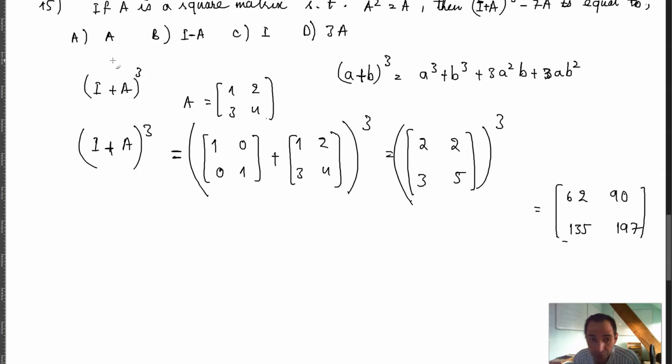Okay, so now if I write this as A cubed plus B cubed, meaning that I write this as, basically, I cubed plus A cubed plus 3 times A squared B, which would be I squared times A, 3 times I squared times A plus 3 times I times A squared.